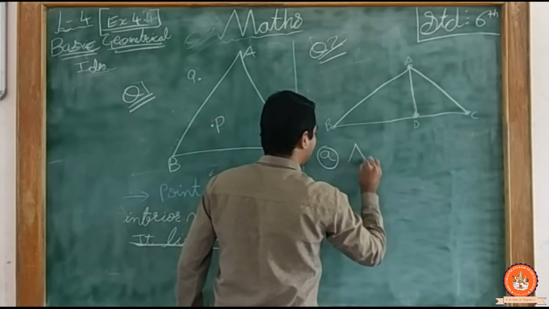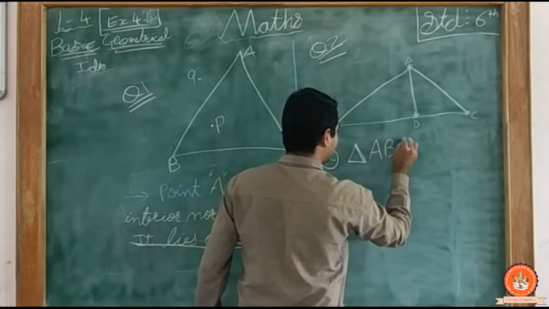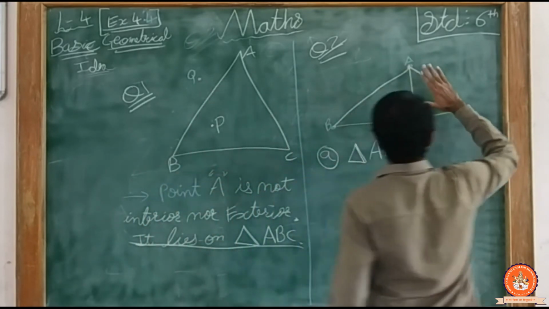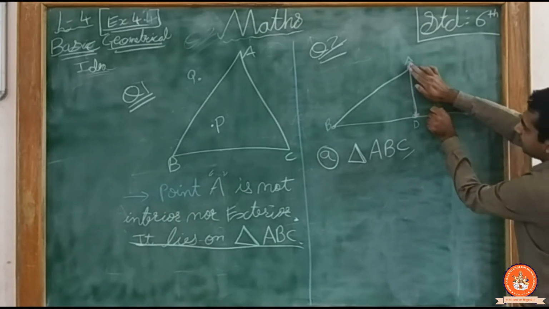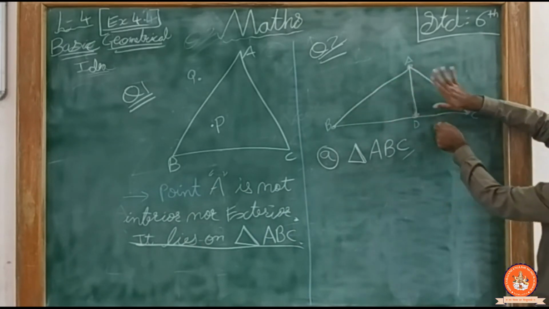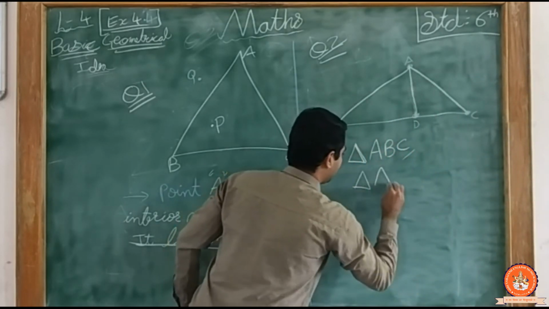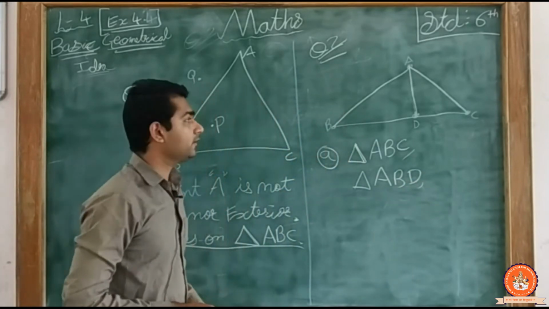So triangle ABC is my first triangle. Second triangle, if I am not considering this part, if I am hiding this part, so this is my triangle ABD. Clear? So triangle ABD. Done.